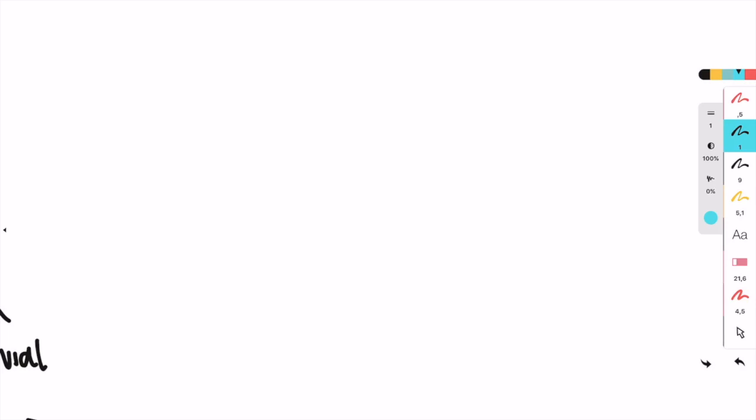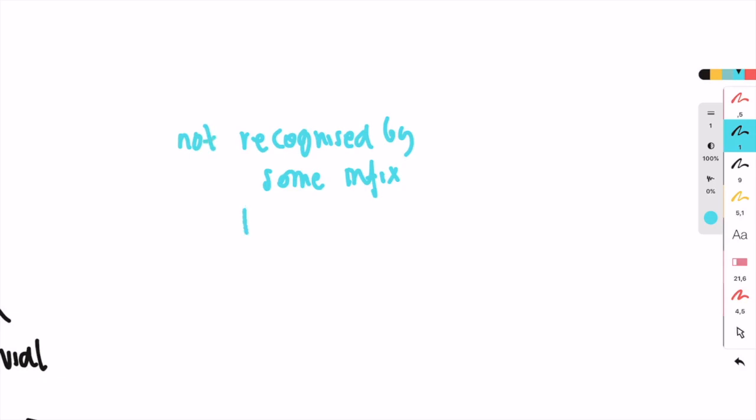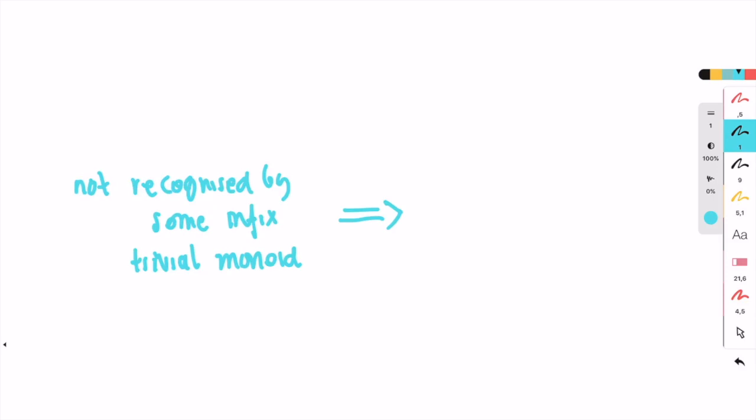The first one is: not recognized by some infix trivial monoid implies that there is an infinite zigzag.